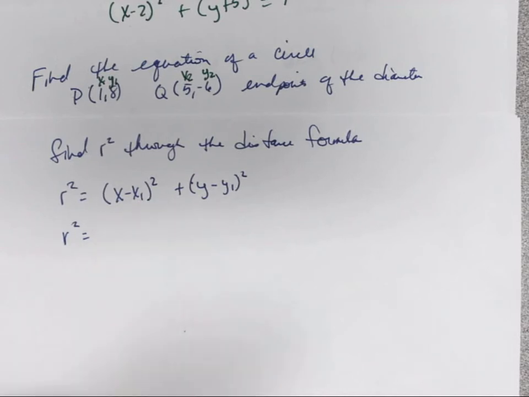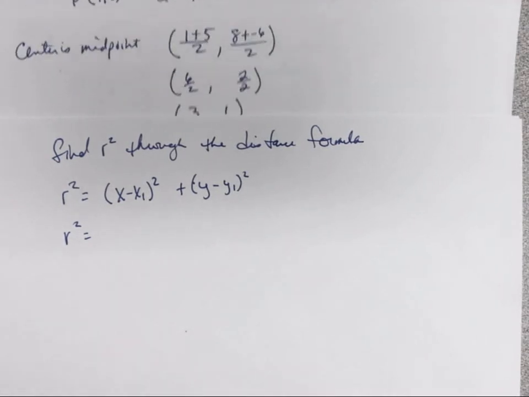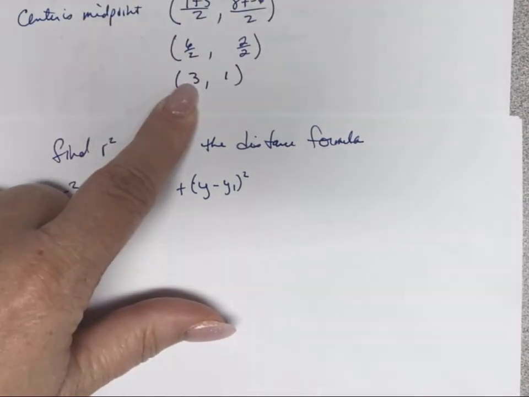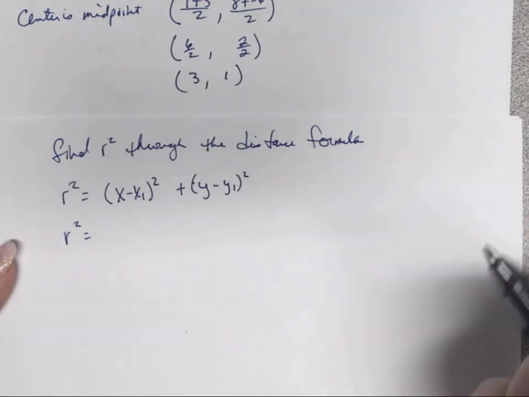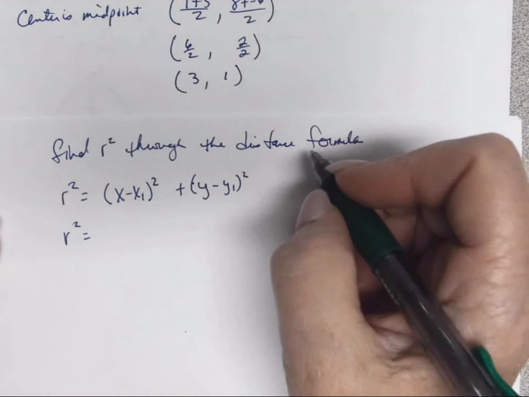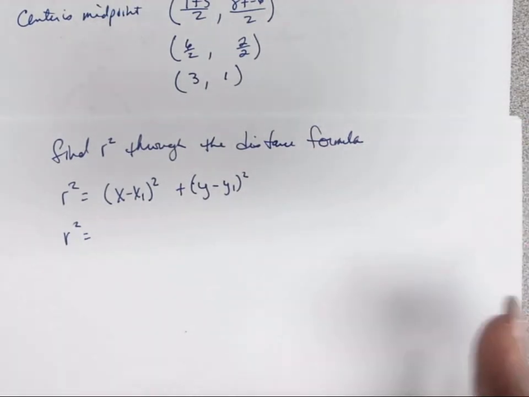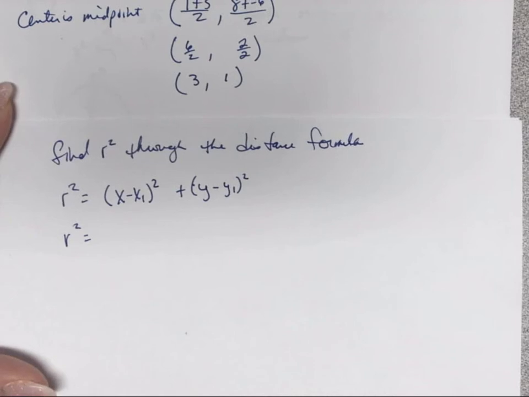We're using the center of our circle. So what are we doing? We're using the center, and we're going to use one of the points. So instead of using both points up there to find our r, it would be from the center to the other.